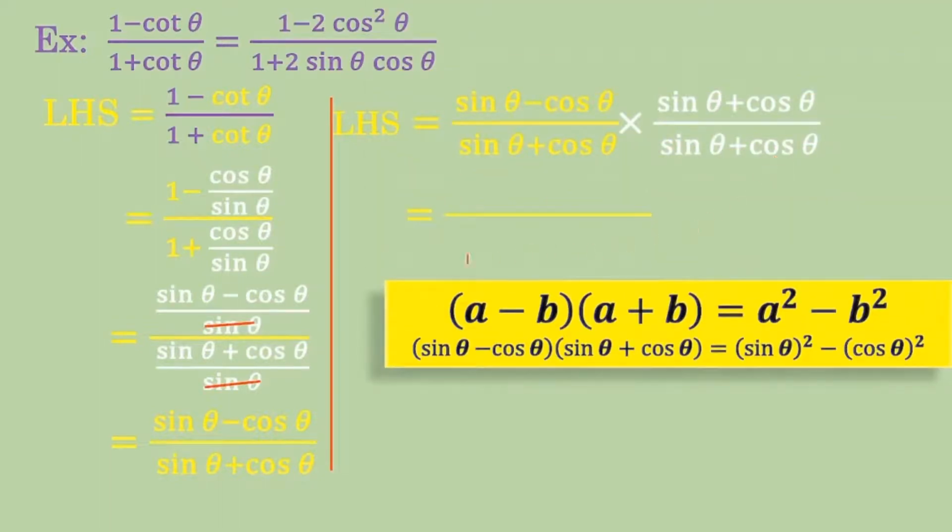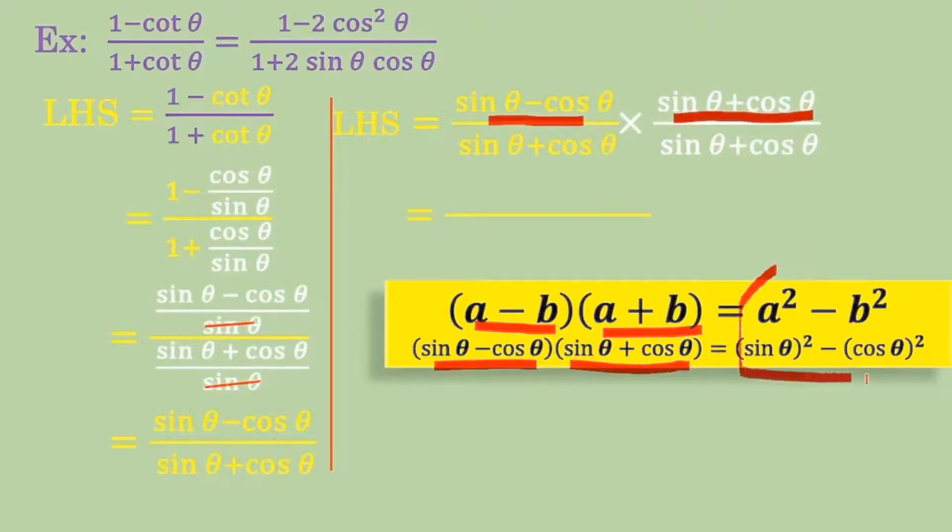Let us apply the formula of a minus b into second bracket a plus b is equal to a square minus b square. Let us suppose a equal to sin theta and b equal to cos theta. Here a minus b is equal to sin theta minus cos theta and a plus b equal to sin theta plus cos theta.